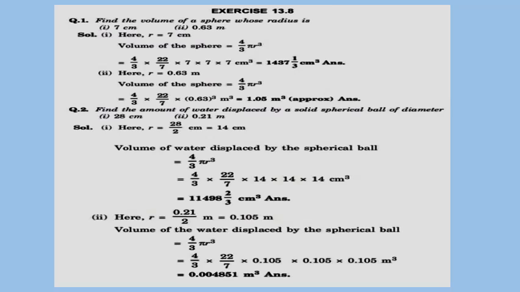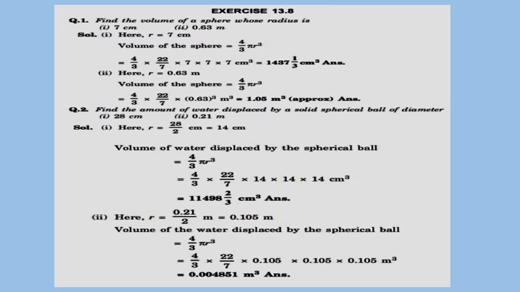In the next question, you have to find the amount of water displaced. So capacity, the amount of water, is related with the volume only, by a solid spherical ball of diameter 28 centimeter and 0.21 meter. So again here we will use the formula for the volume of the water displaced by the spherical ball, that is 4 upon 3 pi r cube.